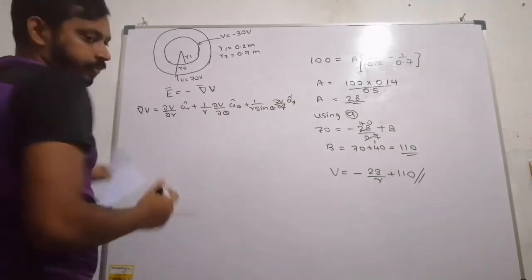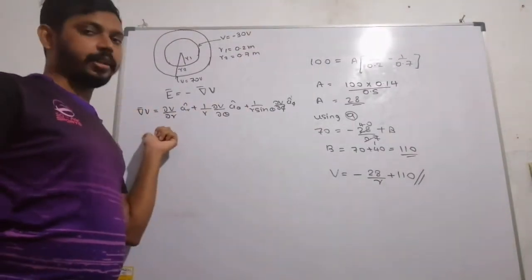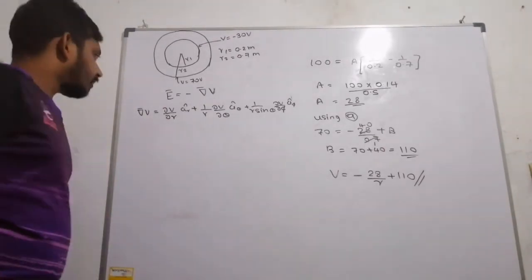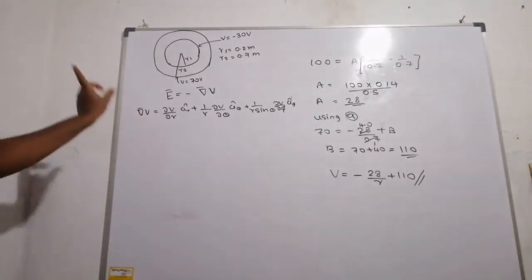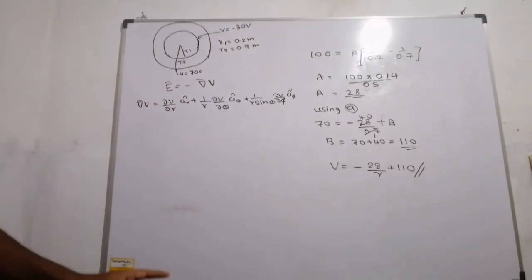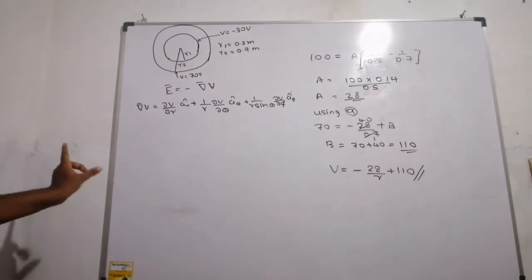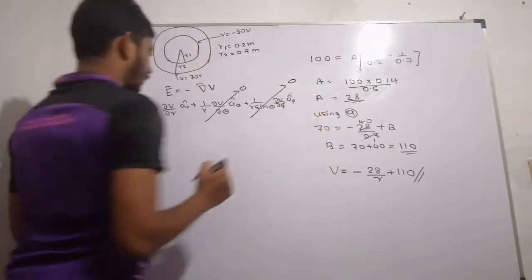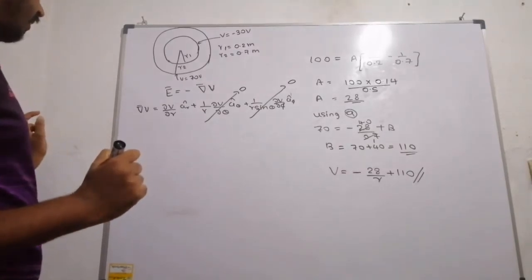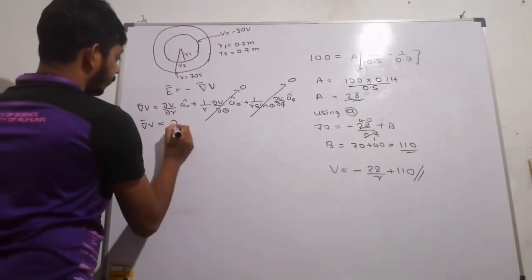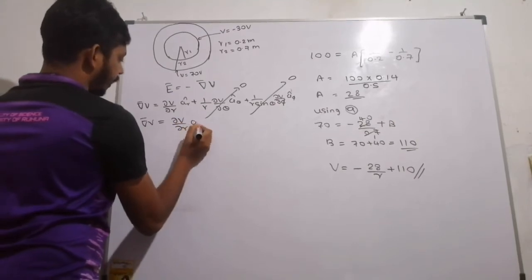These are directions. But you don't need to worry about this formula. Surely they will give this. Look at this. V depends only on R, and E also depends only on R. So we can neglect these three. Then grad V equals dV over dR aR.